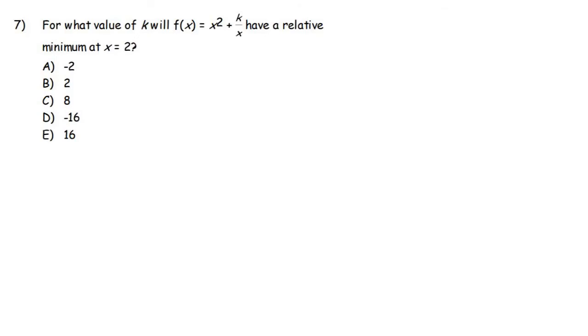All right, so we need to find the value of k so that we have a relative minimum at 2. A relative minimum is just a classified critical point, so really we need to find the critical point, and it's saying that critical point is 2.